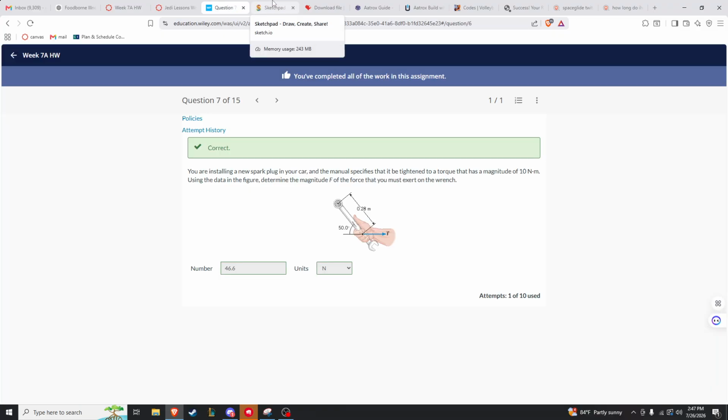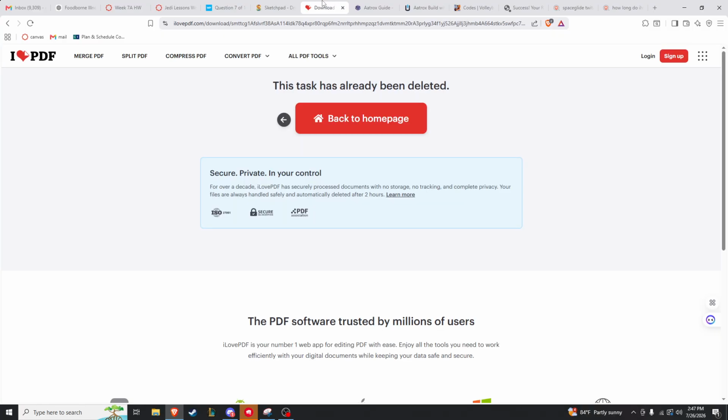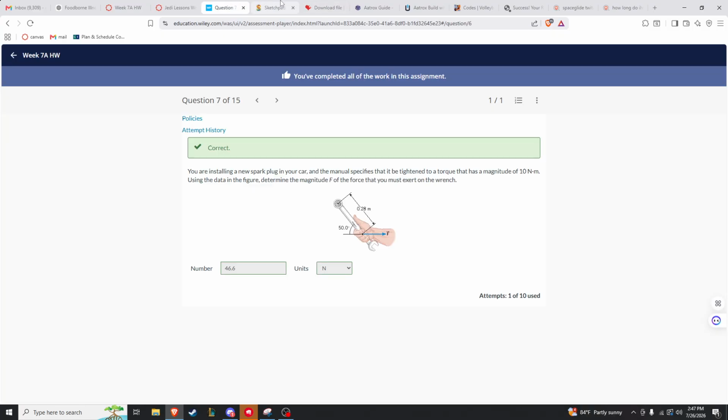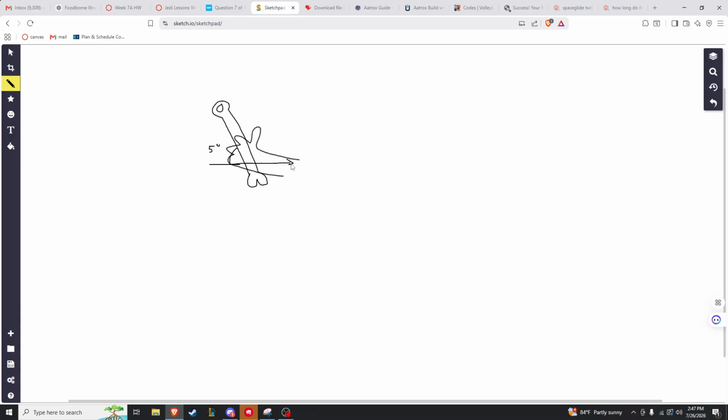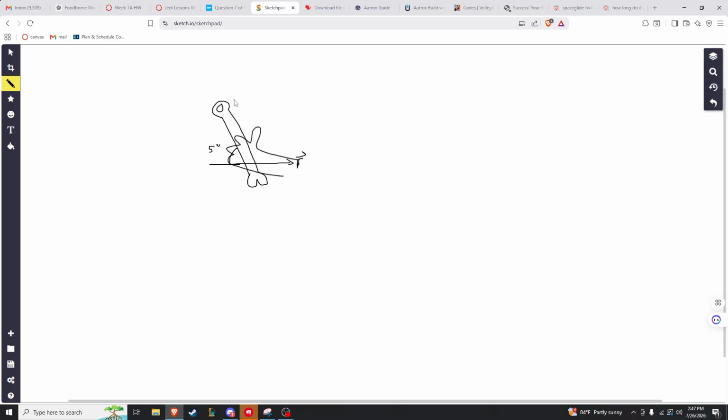We have a 50-degree angle right here, with the force going this way, the normal force going this way, and a height of 0.28 meters. Oops, that says 5.